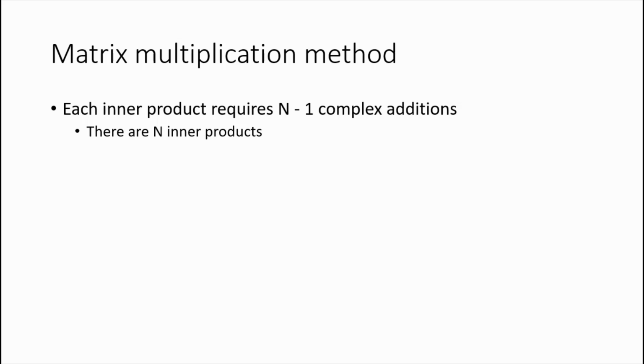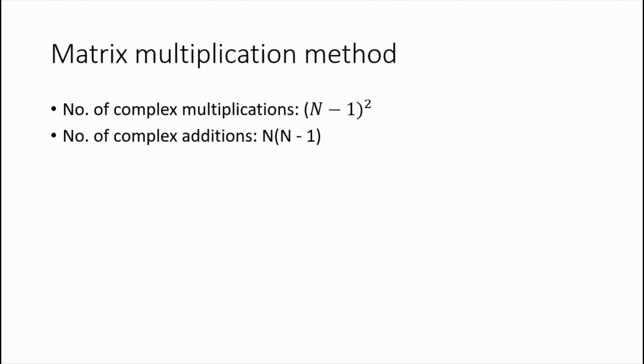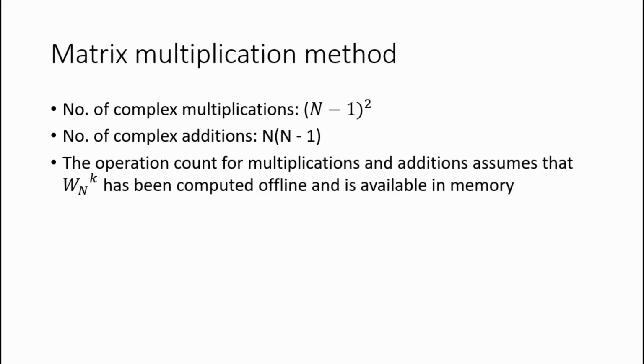Each inner product requires N minus 1 complex additions also. There are N inner products, so we require N into N minus 1 complex additions. So the number of complex multiplications is N minus 1 square, and the number of complex additions is N into N minus 1.